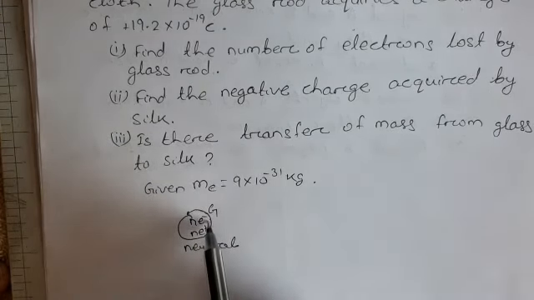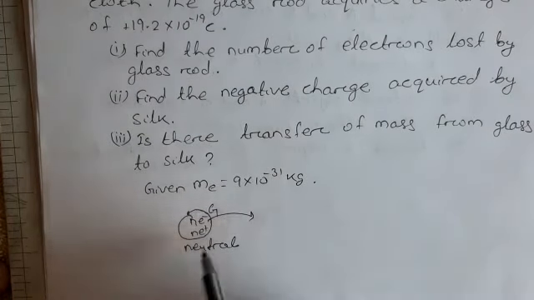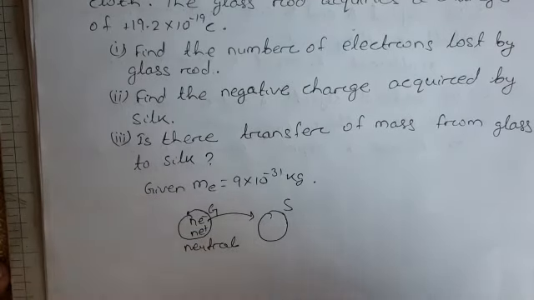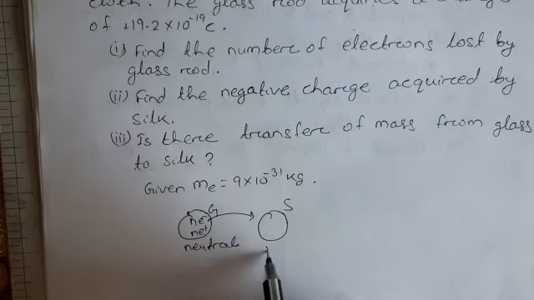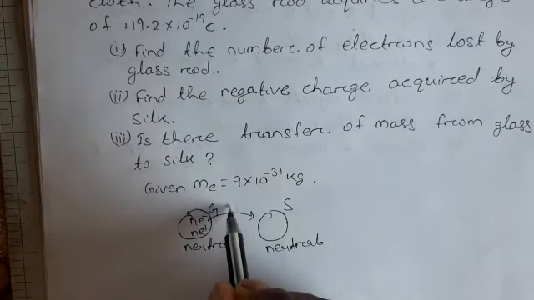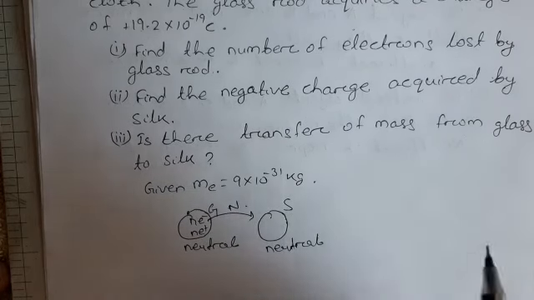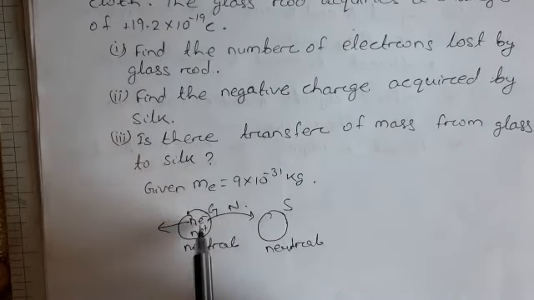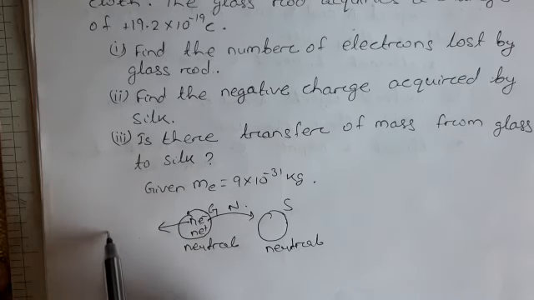After rubbing, some electrons are transferred to the silk cloth, which was previously neutral. Let's say capital N number of electrons is transferred, so now the number of electrons present in the glass is small n minus capital N.